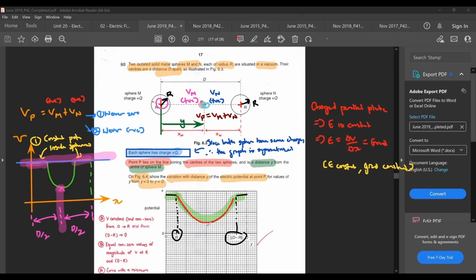Right at the center should be somewhere around here. This one I believe is already d over 2.